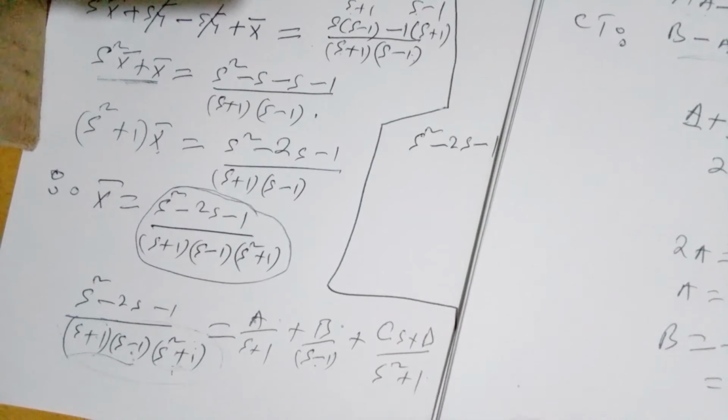Therefore x bar equals, now a is negative a half over s plus 1, minus a half over s minus 1. We are just substituting the constants, then plus, now c is 1, so it will be s over s squared plus 1, then plus 1, d is 1.